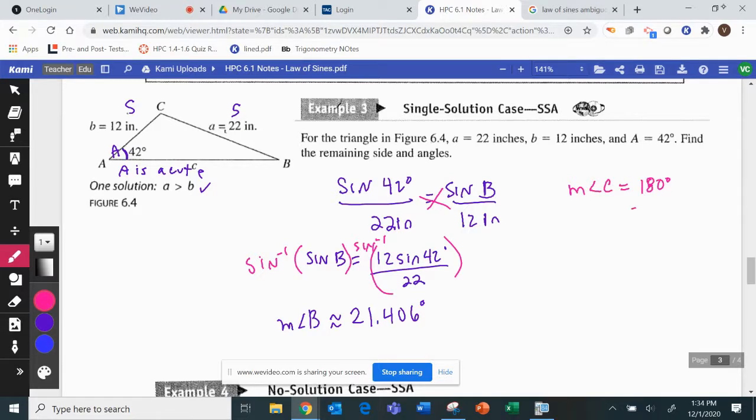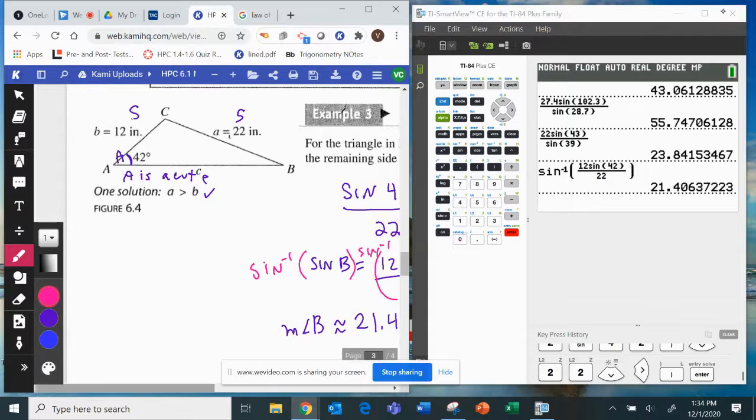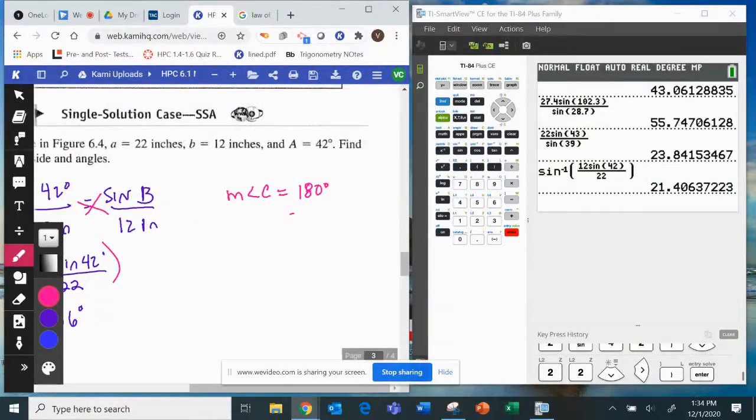Now here's what I want to talk to you guys about. We're going to talk about accuracy. We don't want to subtract 21.406. We want to do our 180 degrees, and we want to subtract the whole last answer. We want the entire thing, not just a rounded version. And then what else?